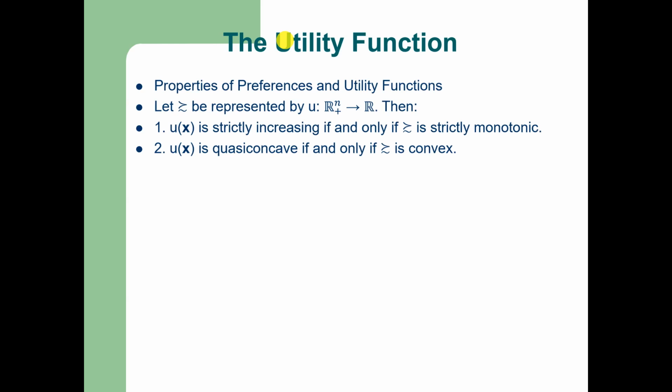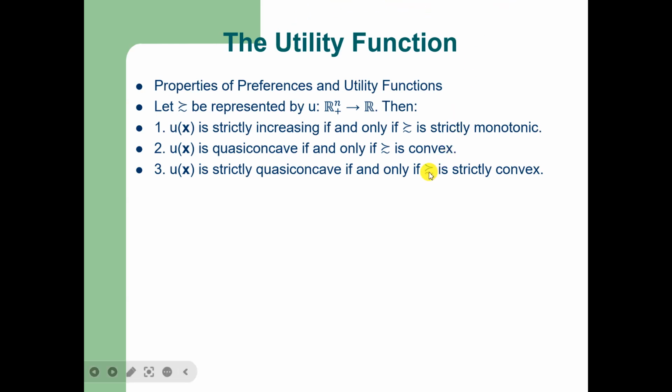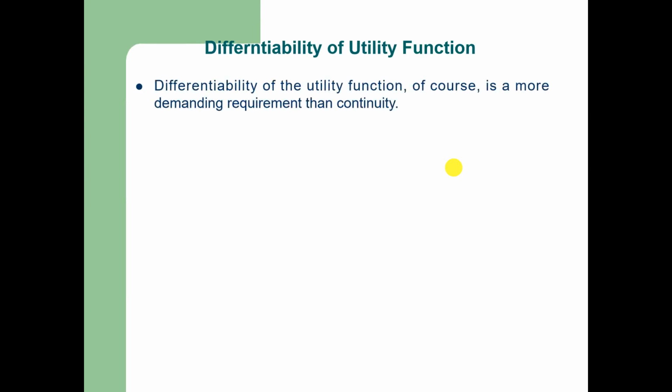Number two, the utility of a consumption bundle x is quasi-concave if and only if this binary relation is convex. Number three, the utility function is strictly quasi-concave if and only if this relation, that is at least as good, is strictly convex. And then we have differentiability of the utility function, which is often required.